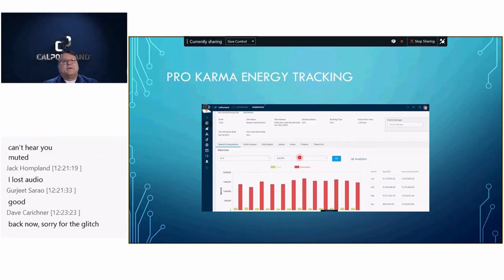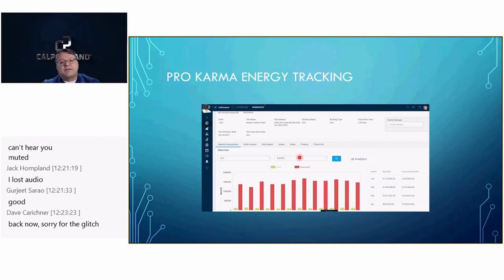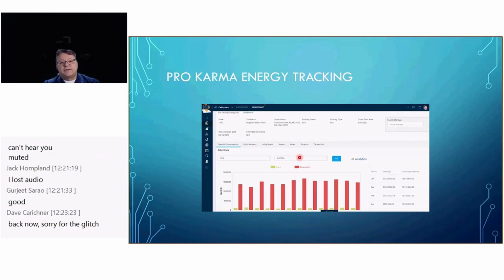And it was very important because they're entering all this data into one large database that's now accessible to not only me, but pretty much almost anybody in the company that needs access to energy data. And if you're on the phone right now and you think, hey, I need energy data, contact me and we can get you access, and you'll be able to look at this.